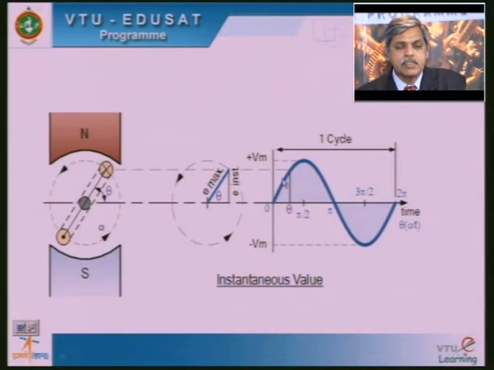Now here I have one complete sinusoidal waveform. This is one complete sinusoidal wave. This wave is the voltage induced in the coil as the coil rotates by 360 degrees or 2 pi radians.